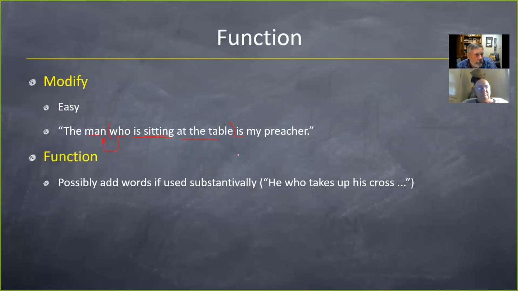Here's the main verb, is my preacher. So that's one thing we want to remember. You can also often have to add words to use it substantively as a noun. He who takes up his cross. Well, who takes up his cross, sometimes you have to add the he to make it make sense. So that's all that's saying.